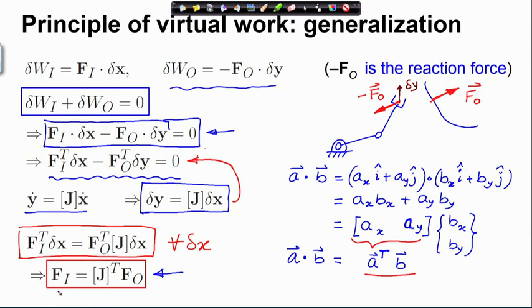On the left we have the input force, on the right we have the output force, while in the velocity relation it is the output velocity at the left and the input or the joint velocities on the right. Here we have input forces on the left and the output forces on the right. So, this now generalizes our force analysis.